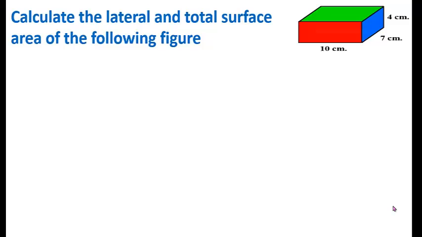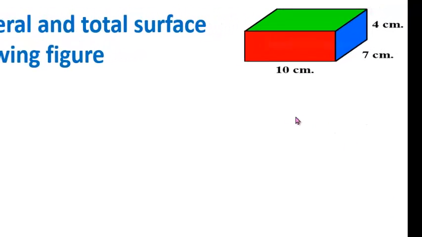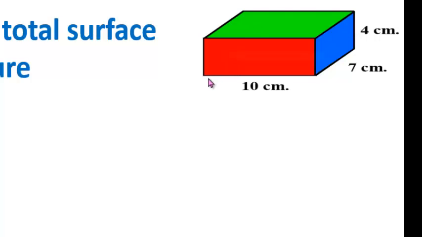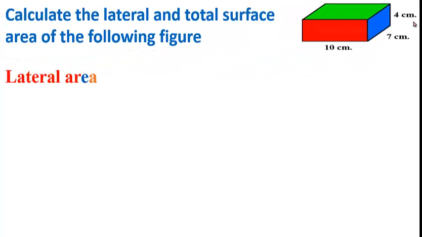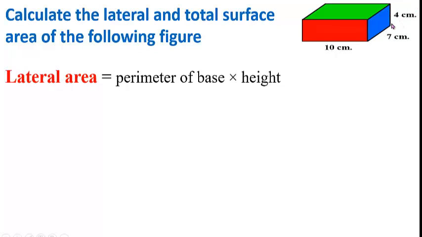Calculate the lateral and total surface area of the following figure. As you can see, I have here a cuboid. My length is 10, my width is 7, and my height is 4 centimeters. We said that the lateral area of a cuboid is equal to perimeter of base times height. My height is equal to 4 centimeters, and that's given. What about the perimeter of base?